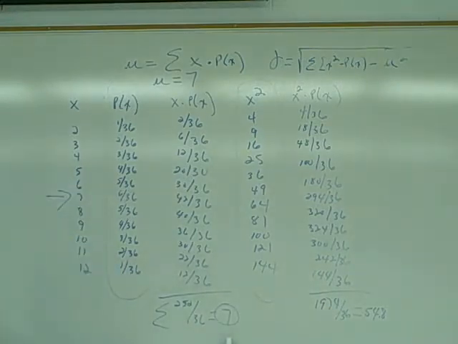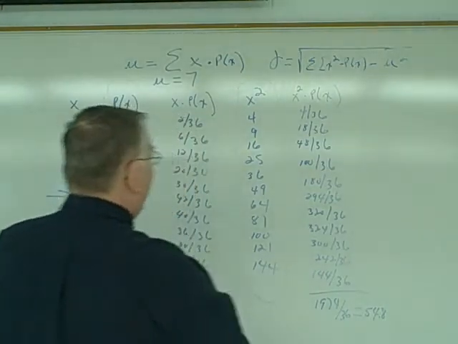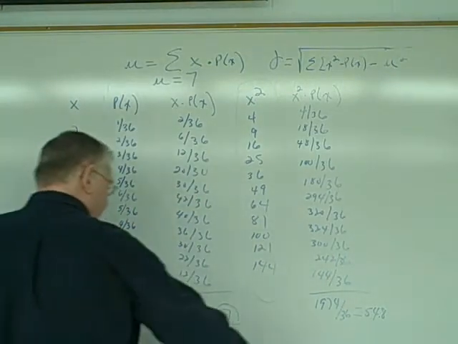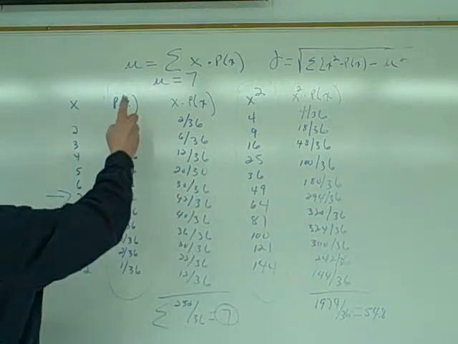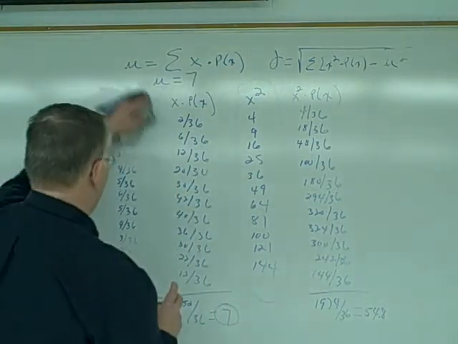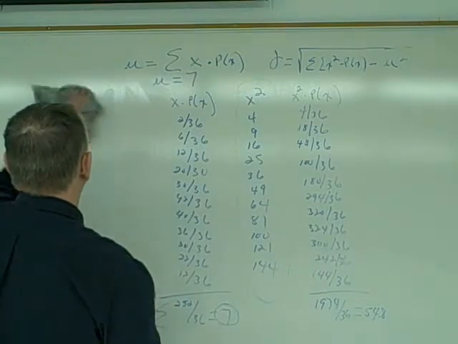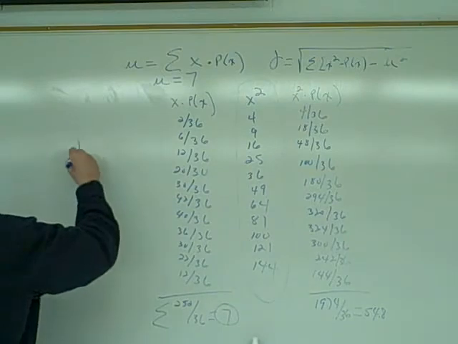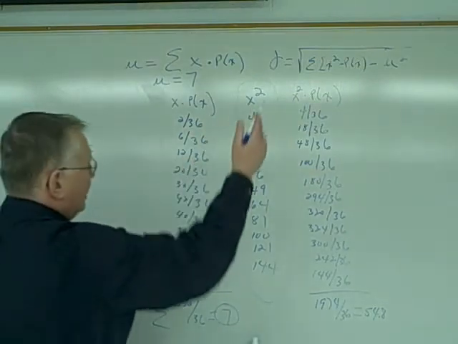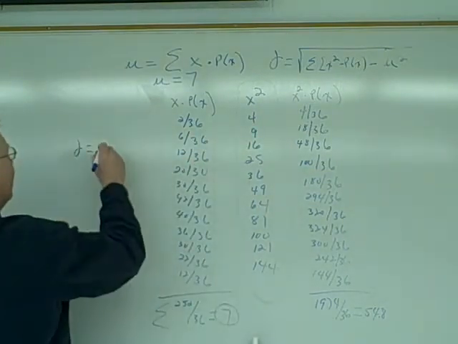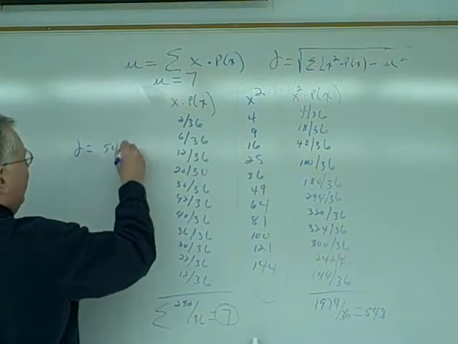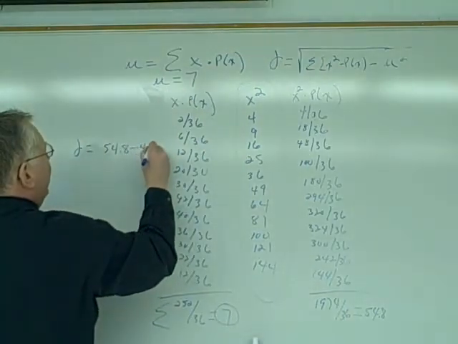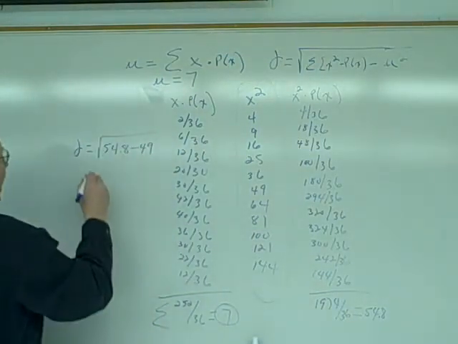So to find the standard deviation, now that I have done all that, the standard deviation is going to be the sum of the x squareds times the probability of x, which is 54.8, minus the mean squared, or 7 squared, and I take the square root of that.